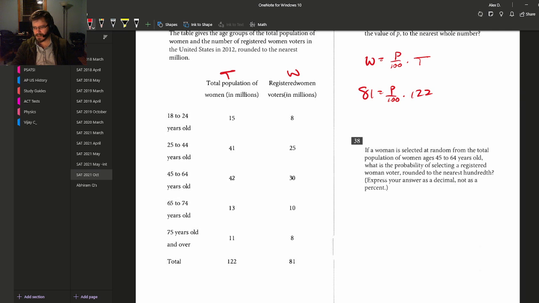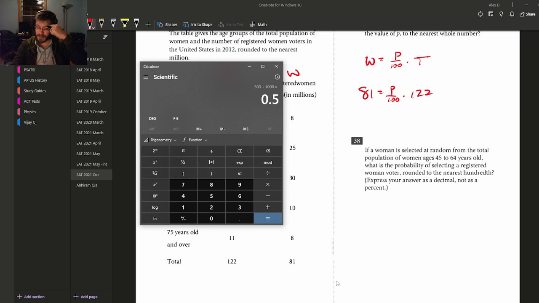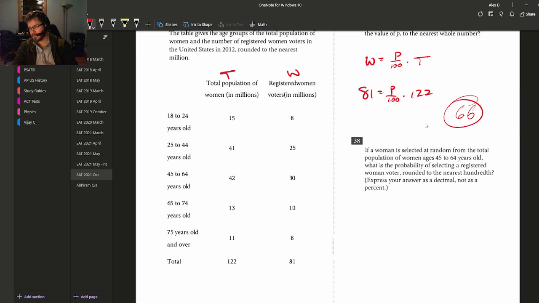I'm lazy, so again, it's the end of the section. I'm just going to start doing this stuff. 81 times 100 divided by 122 to the nearest whole number, so 66. Random from 45 to 64, so that's this probability of selecting a registered woman voter, 30 out of 42.